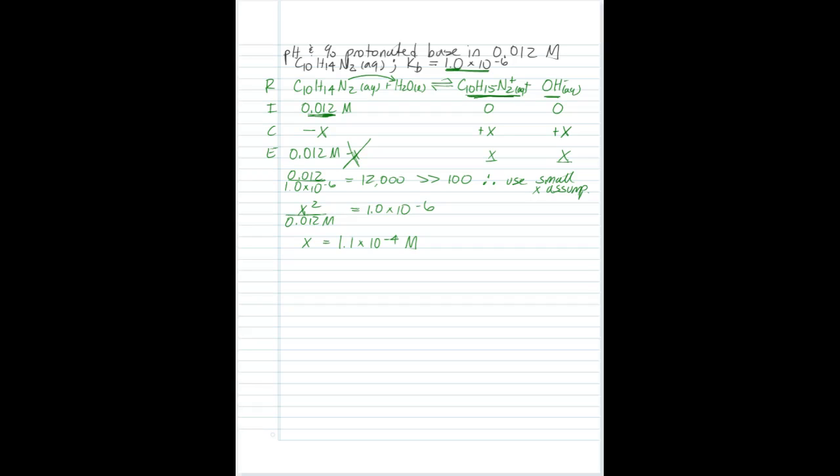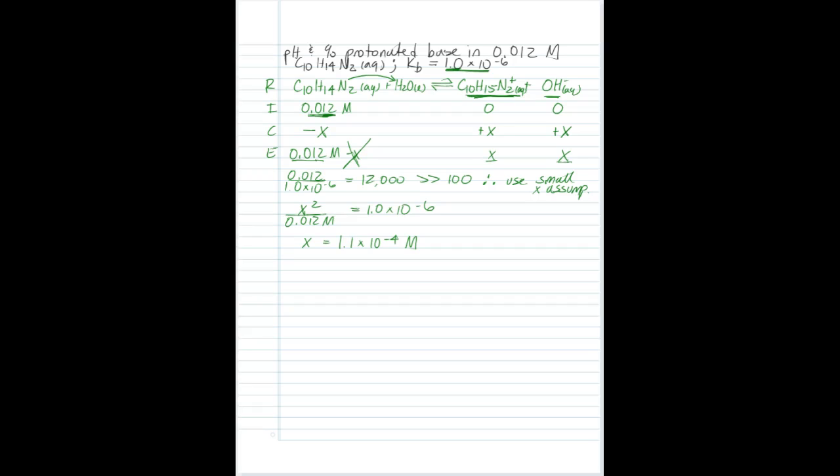And then if we were to subtract this number from 0.012, we would get the concentration of the nicotine molecules left. And note that it would still be within our sig figs. It would still be 0.012. So that's where the small x assumption, you know that it's working, because it's too small to even show up in the sig figs when you subtract it from the initial concentration.